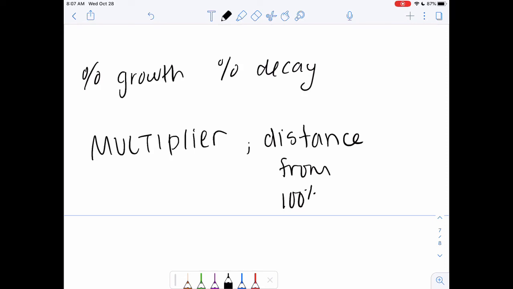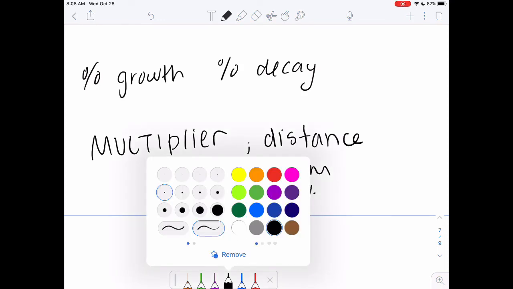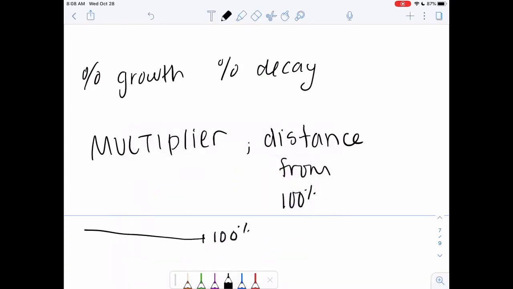If your multiplier is less than 100%, you're going to have a decay rate. And if your multiplier is greater than 100%, you're going to have a growth rate.